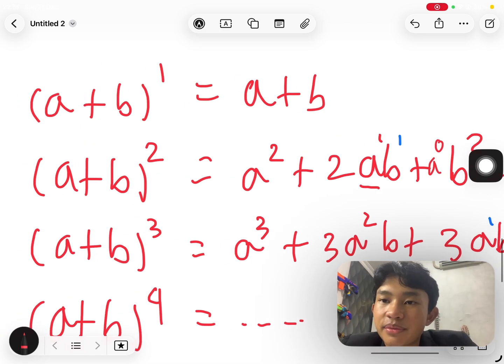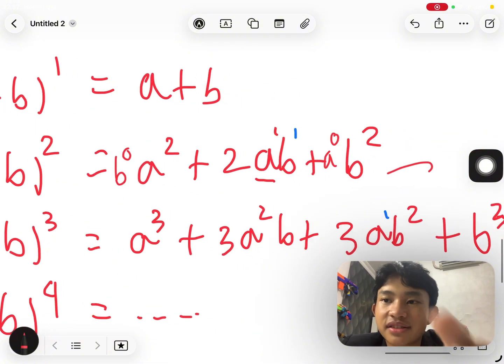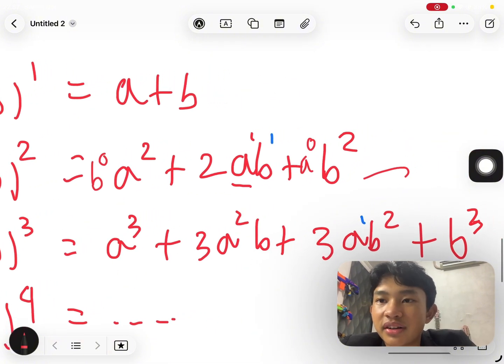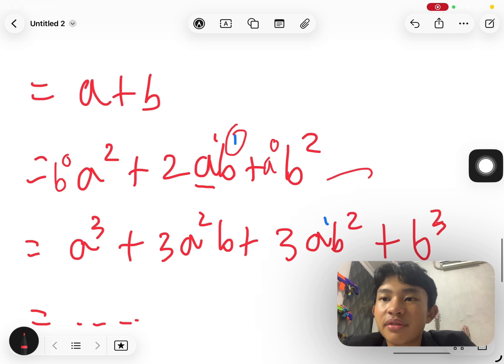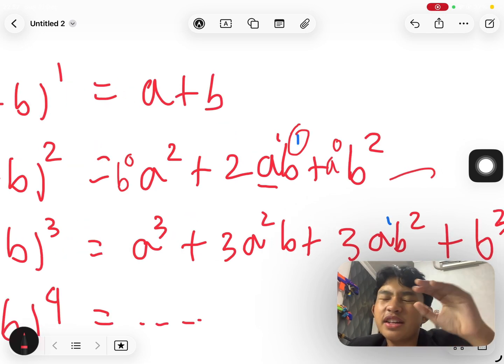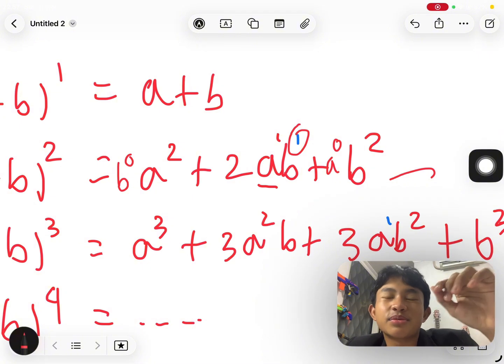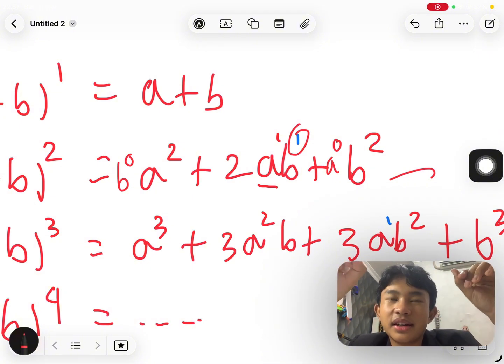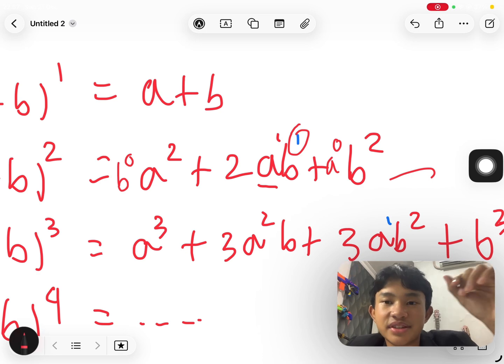For the first term, we start off with b to the power of 0, then b to the power of 1, and then on the third term, b to the power of 2. So the exponent of a always decreases 1 by 1 until it reaches 0, and the exponent of b always increases 1 by 1 until it reaches n.